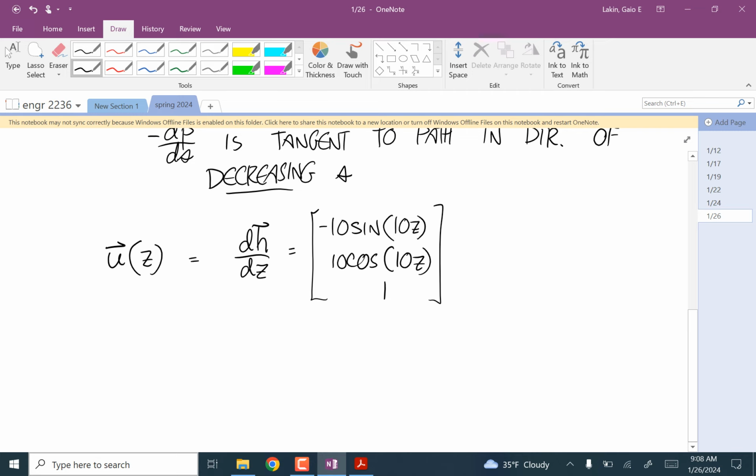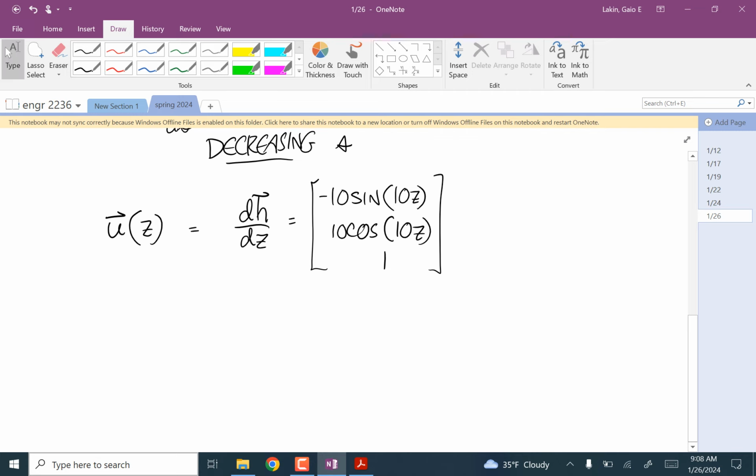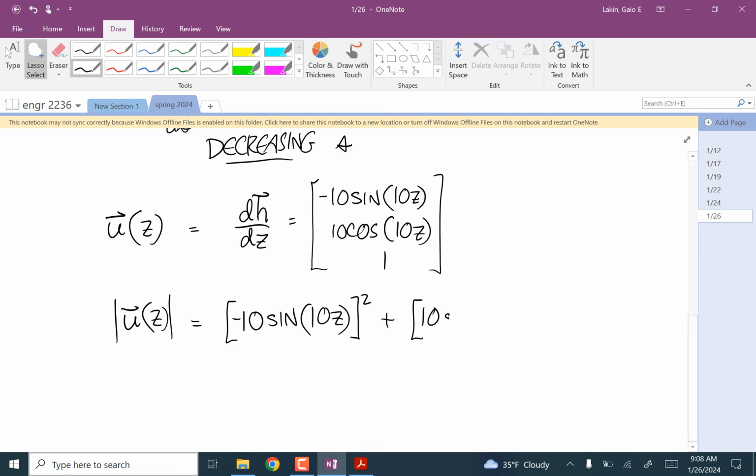So what I need is to make this a unit vector and then multiply it by that speed. So the length of this vector, the magnitude of it, is this thing squared plus this thing squared plus this thing squared, all square root.